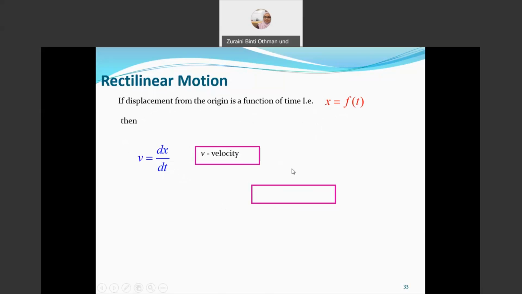Like before, in the first lecture, we did the example of the velocity of a bus from Melaka to Ipoh, if I'm not mistaken. So remember the velocity is the application of the first derivative. Then the second derivative is to find the acceleration, pecutan dia kan.